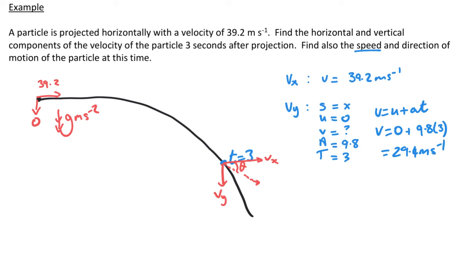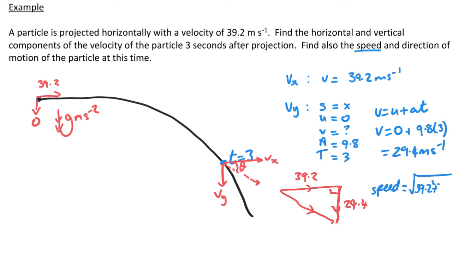So we've now got this triangle that we know is horizontal at 39.2 and the vertical component is 29.4. To work out the speed, it's going to be the hypotenuse in this triangle. So the speed is going to be the square root of 39.2 squared plus 29.4 squared, which gives us an answer of 49 meters per second.